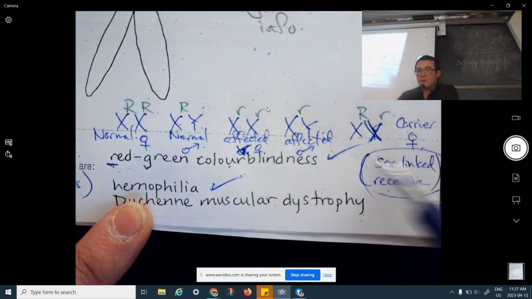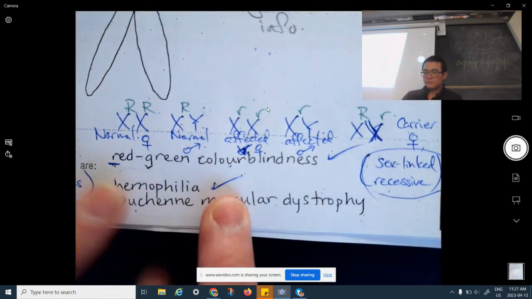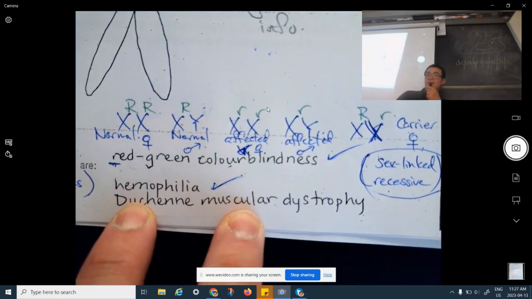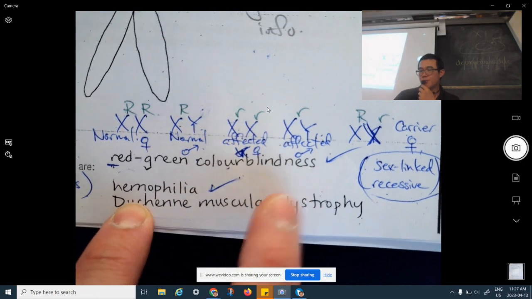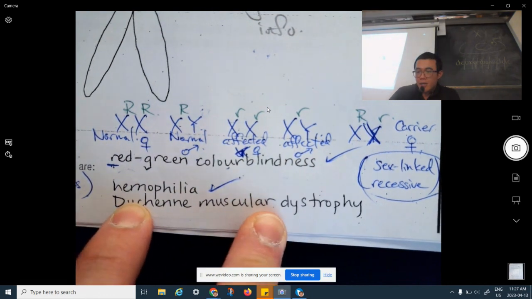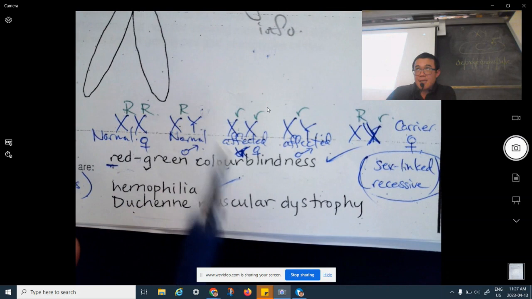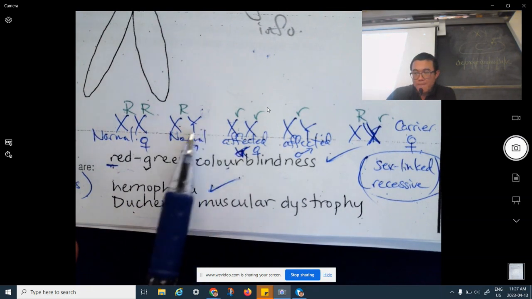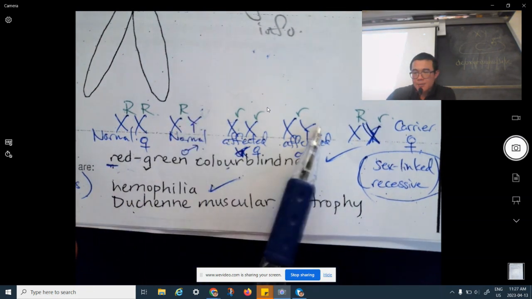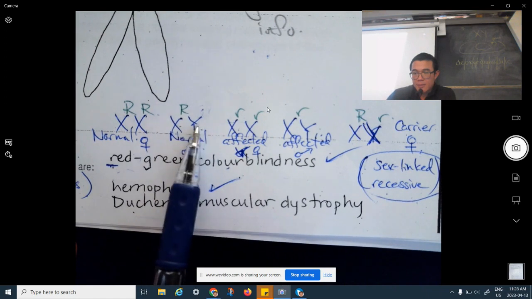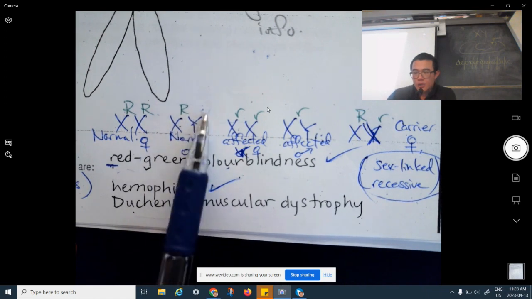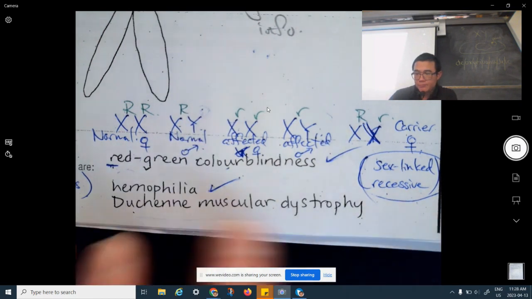Yes, this will be a carrier female. So make sure you have that. Again, in terms of doing problems, you must include the Y there and make sure that it's blank on top of the Y, okay?